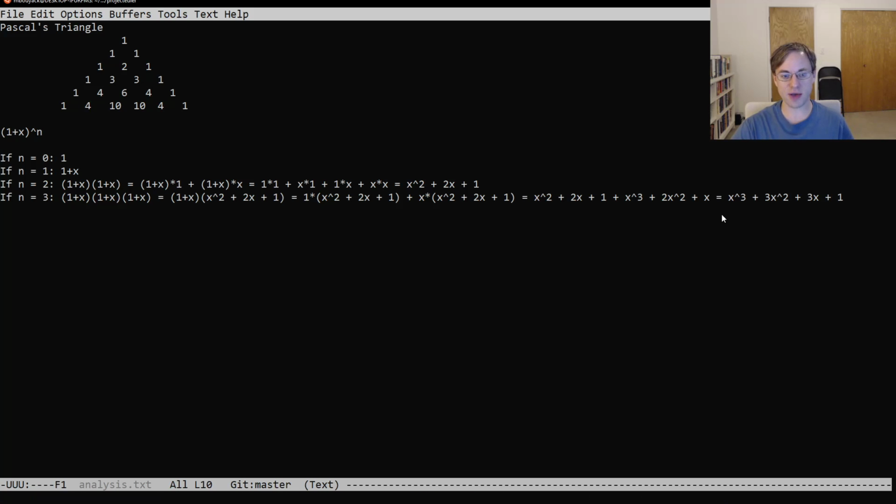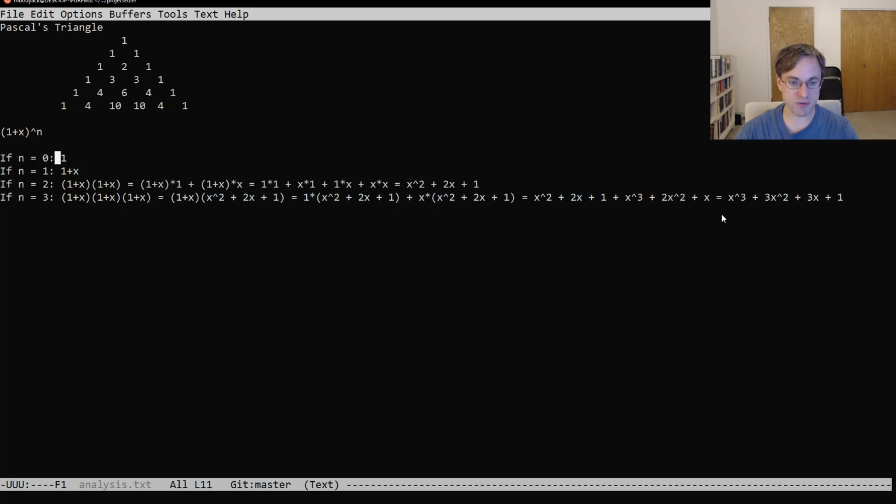And you might be wondering, where am I going with this? I'm just calculating these powers of 1 + x with no real rhyme or reason. But if you look at the coefficients on each of these expressions, you may again recognize a familiar pattern and realize why these are called binomial coefficients and why they relate to Pascal's triangle.